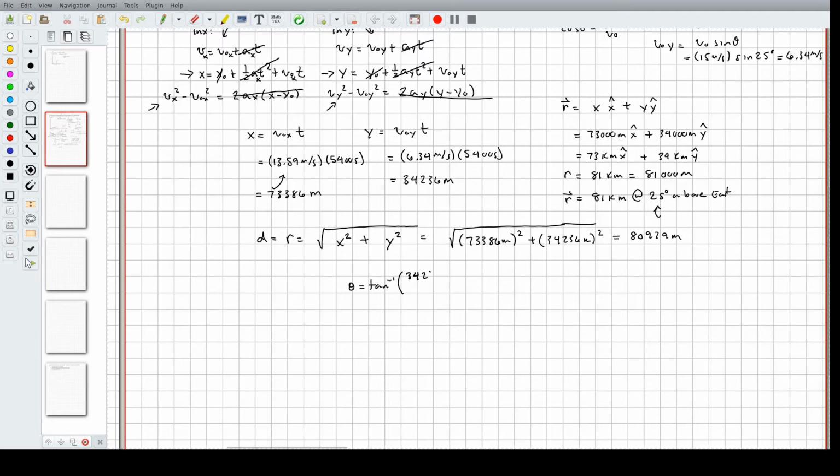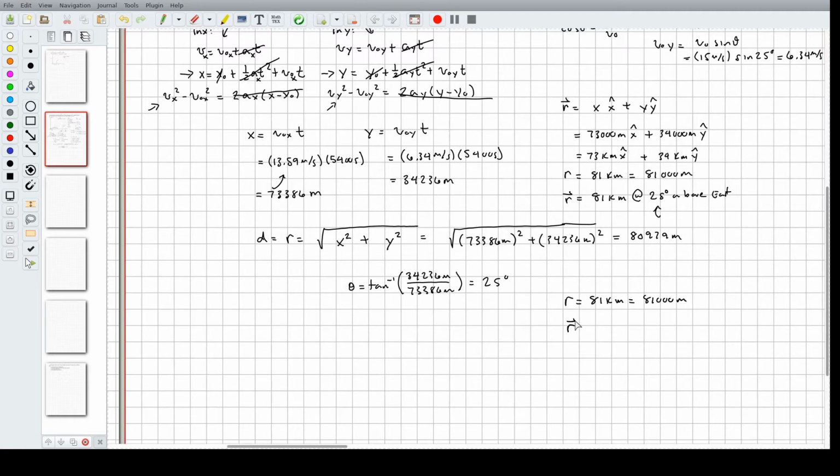236 meters divided by 73,386 meters, and if you do this, you get 25 degrees. So, at the end of the day, how do you write it? The distance traveled was 81 kilometers. Or, if you want, you can write it as 81,000 meters. That's fine too.